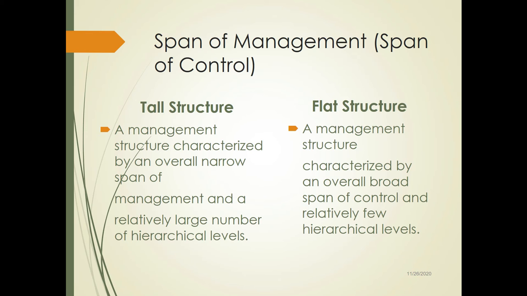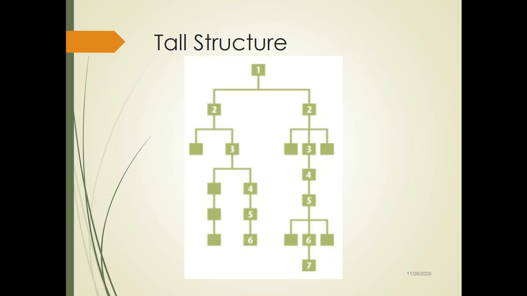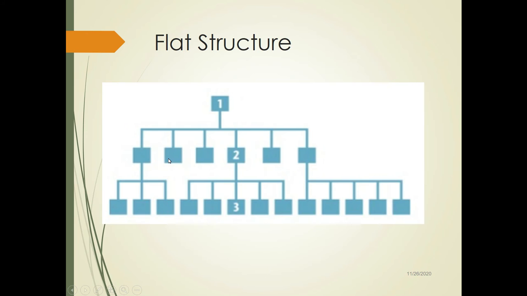A flat structure, on the other hand, is characterized by an overall broad span of control and relatively few hierarchical levels. So this is an example of a tall structure. It is hierarchical, formed of many hierarchical levels. On the other hand, this is an example of a flat structure. Very few hierarchical levels.